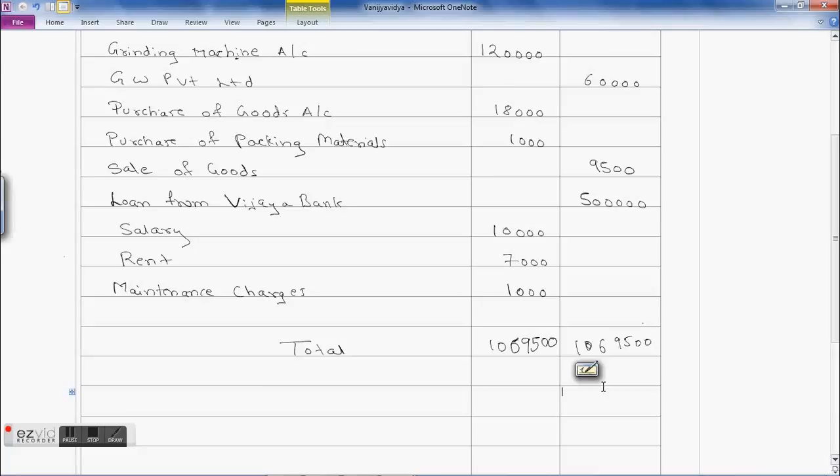Whenever we pass a journal entry, whatever amount we debit, the same amount is also credited. So one entry will have two effects. One is debit effect, one is credit effect. Correct? So your total of debit and credit in trial balance should always match. Okay, so this is very important.